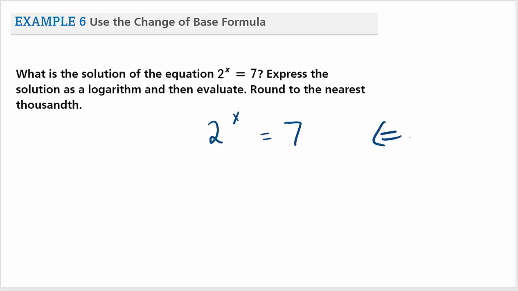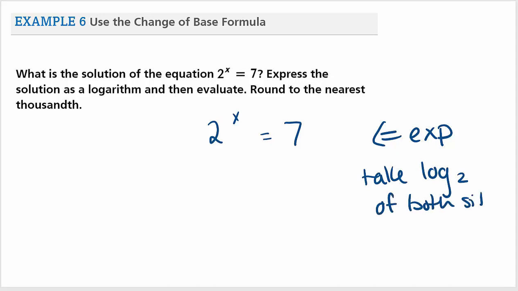So we see an exponential, and the inverse of the exponential is the logarithm. So we are going to take the log base 2 of both sides. Because whatever you do to one side, you have to do to both sides. So here's log base 2 and log base 2 of 7.